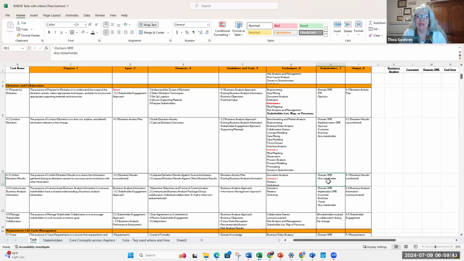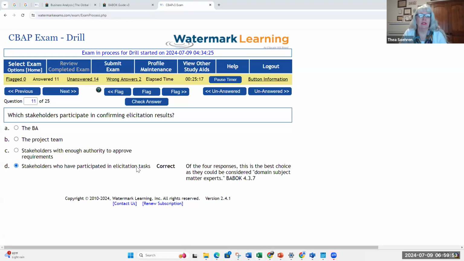But in this case, they're using a weird phrase to say the project team as an option, and then stakeholders who have participated in an elicitation task as the domain SME. I don't think it's going to be that hard on the test. People have told me that Watermark questions are a little bit harder than the test, so we're good there.